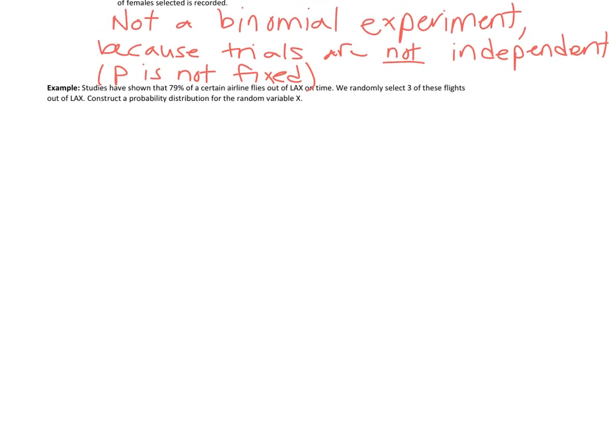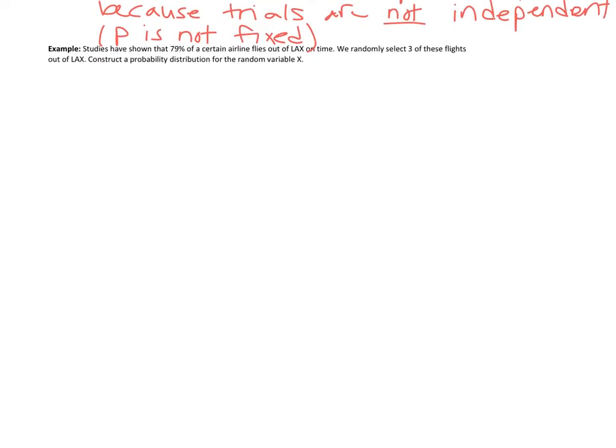All right, so let's look at an example that is a binomial experiment. Similar to this example, studies have shown that 79% of a certain airline's flights out of LAX are on time. We randomly select 3 of these flights out of LAX, and we're going to construct a probability distribution for the random variable x. Just to go over this quickly: fixed amount of trials, it's 3.